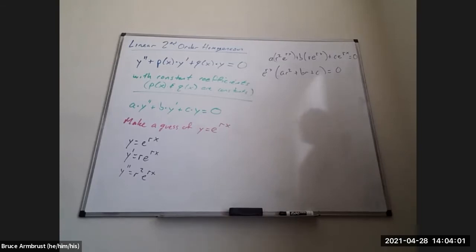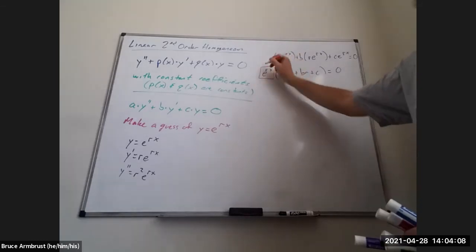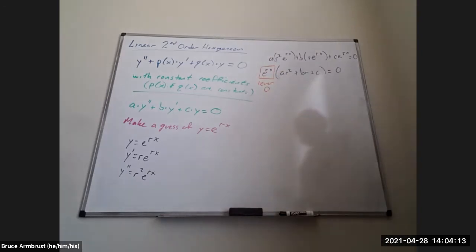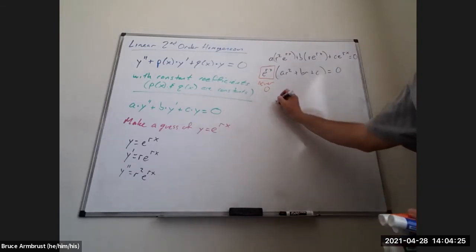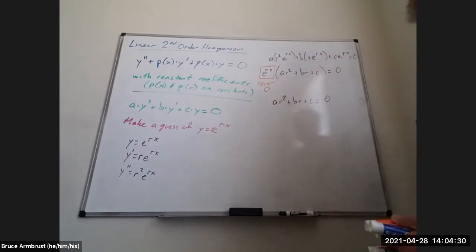Now the e to the rx, that's never 0. It's an exponential function, right? Those things are never 0. Which means if this is going to be a solution, I need to have ar squared plus br plus c equal to 0.